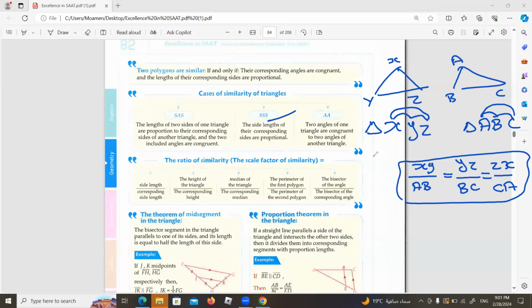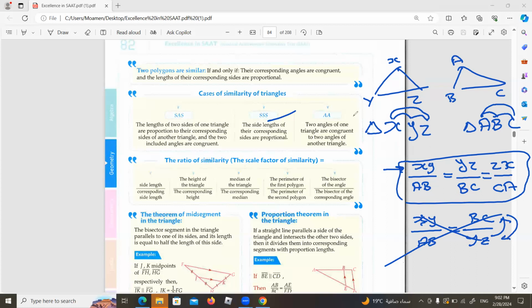Pay attention about this small mistake. If you start in the upper part by the first triangle, you must complete by the same sequence. It means I can't say XY over AB must be equal to BC over YZ. You flip here, so it will be wrong. You must go by the same sequence.